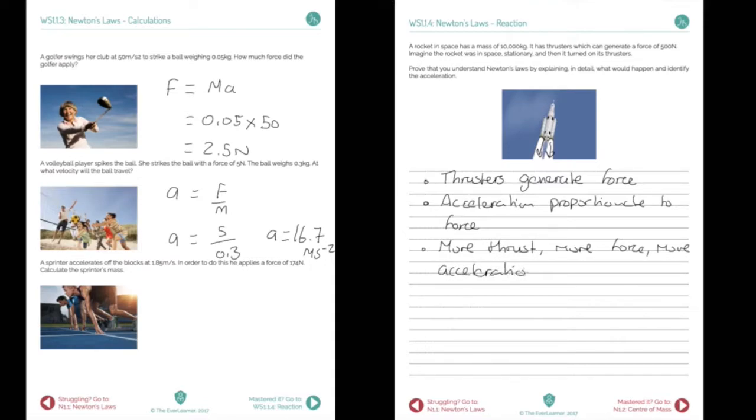But we're also going to say that in this case, the mass goes down slightly. So by releasing the fuel, the mass of the overall body, the rocket as a whole, reduces.